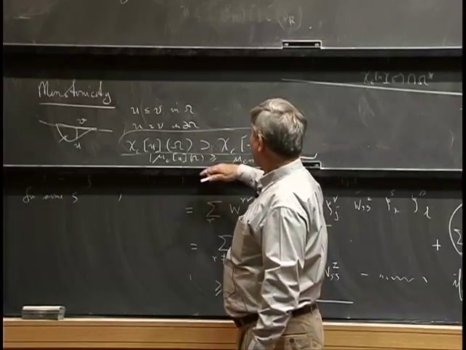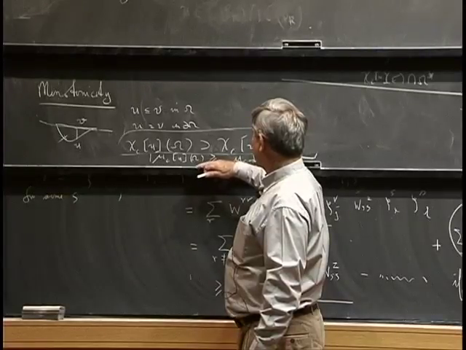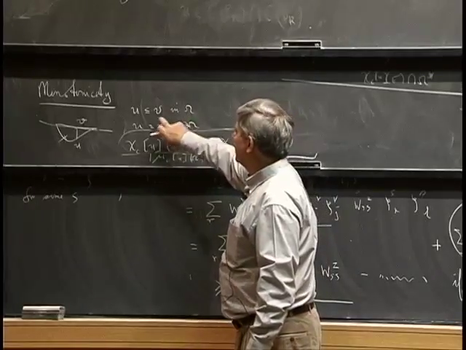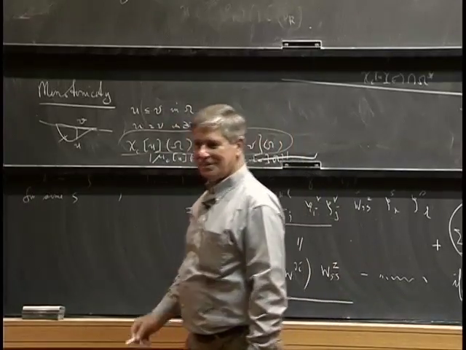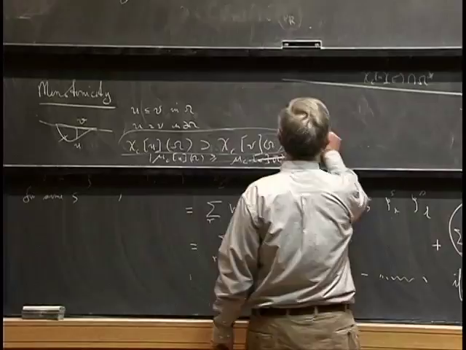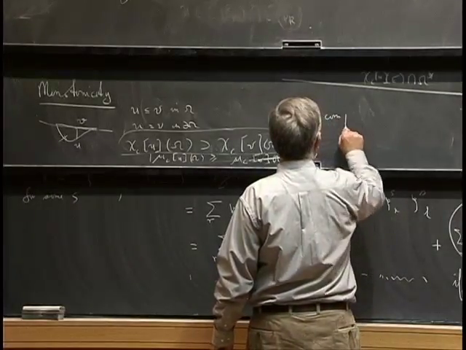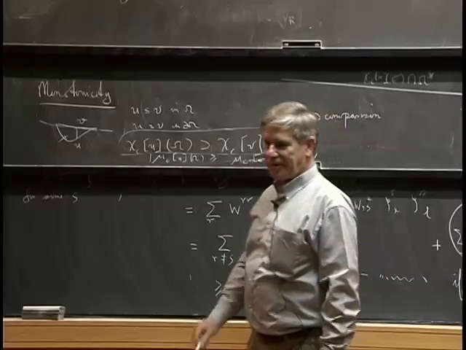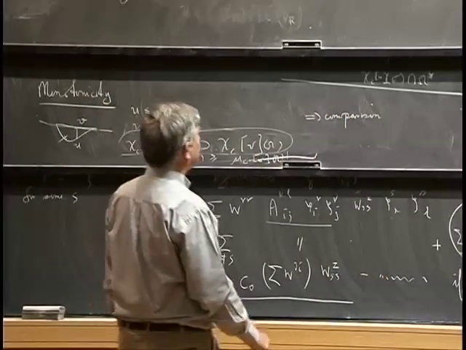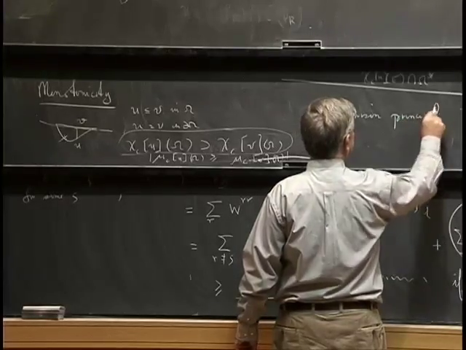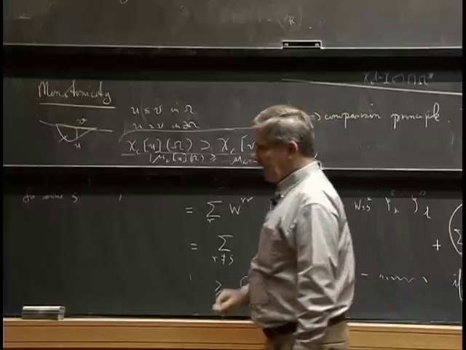So if you had a condition like that, you could not have the reverse inequality, that V was greater or equal to U. So that's going to be a basis for a comparison principle. This is going to give a comparison principle for the Dirichlet problem. So that's one application.